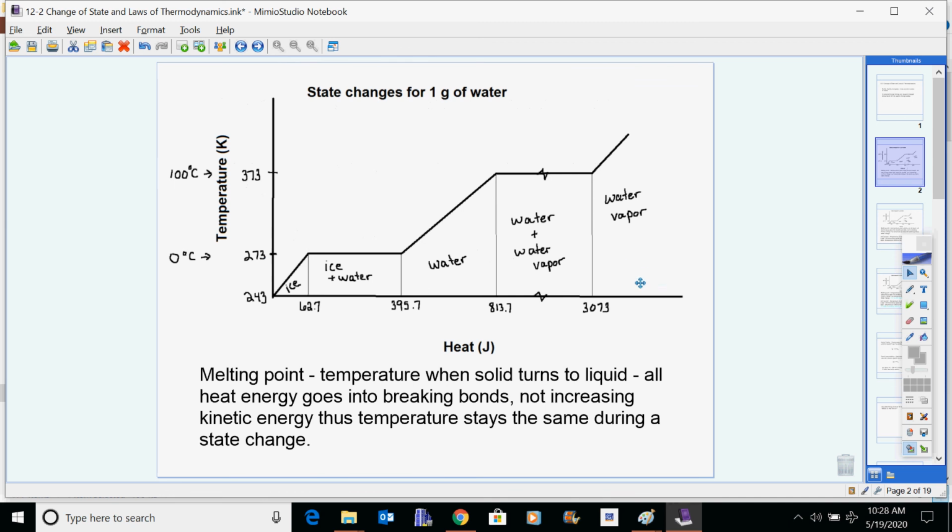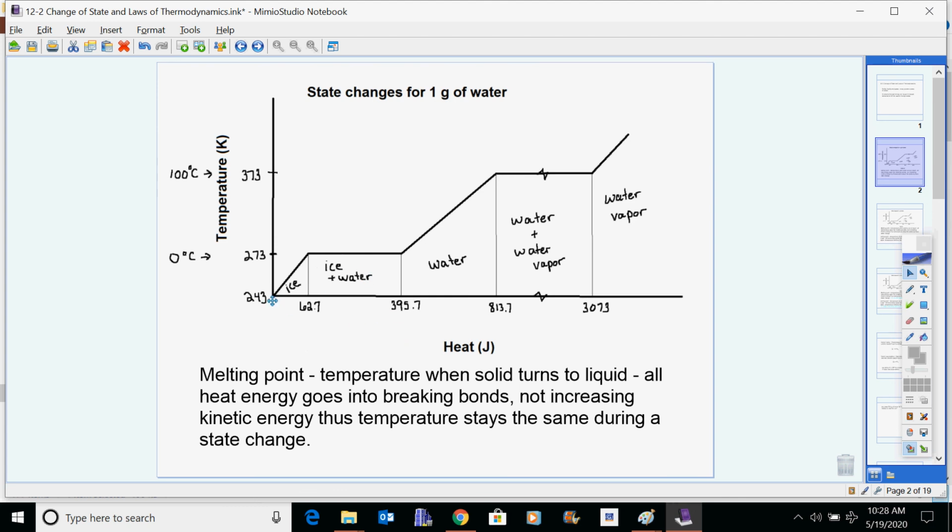So here is an example of what happens as energy is added into some ice. As the energy is added into the ice, what happens with the temperature and what happens with the state changes?